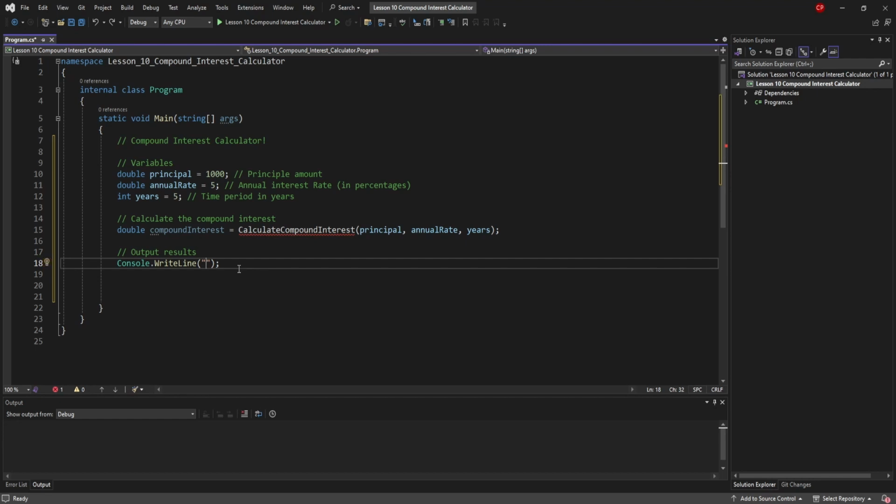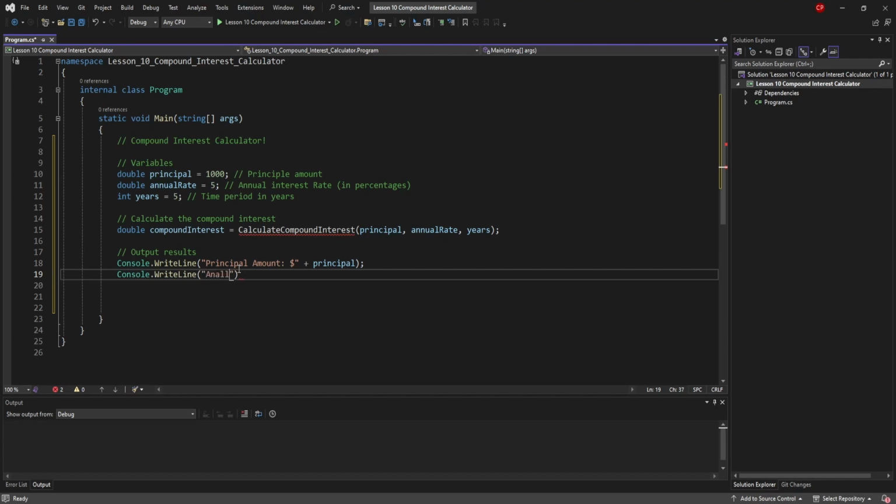Anyways, we're going to say principal amount. And then we'll do the money symbol. But this time, if you notice, it's inside the quotes, so it means money. We're going to write this correctly. And then Console.WriteLine.